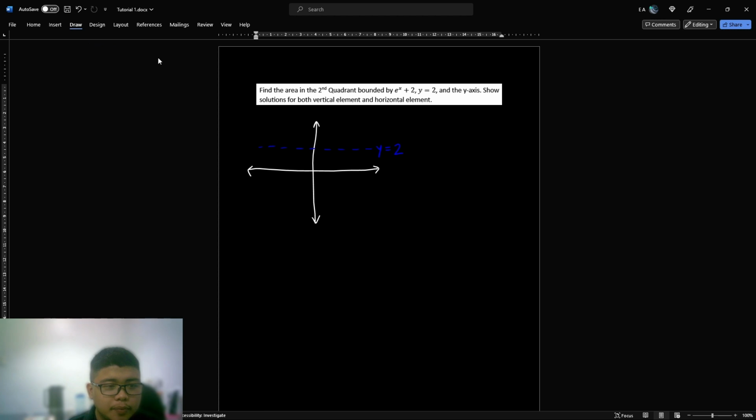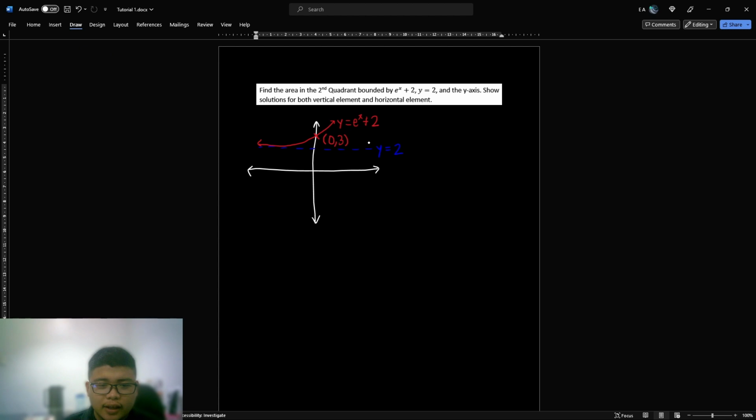Then this will be the graph of y equals e to the x plus 2. So you can see we have an intersection here at (0, 3). We're going to be using this intersection later.